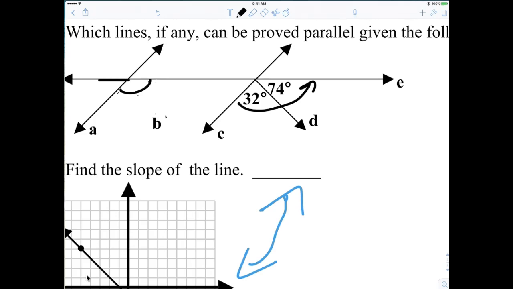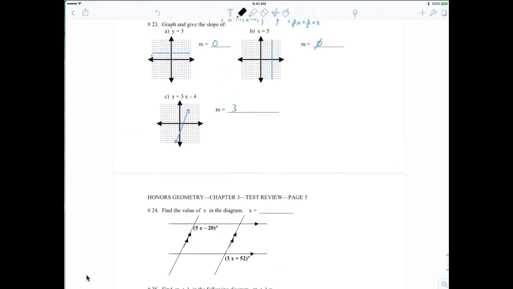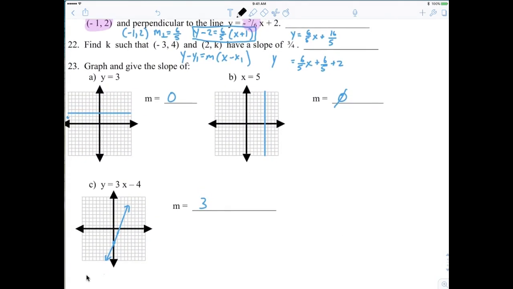All right, quick. Can you just go over 22 really quick? Find K. Okay, so basically you're just finding the slope. K minus 4 over 5 is equal to 3/4. That's what you're asking.